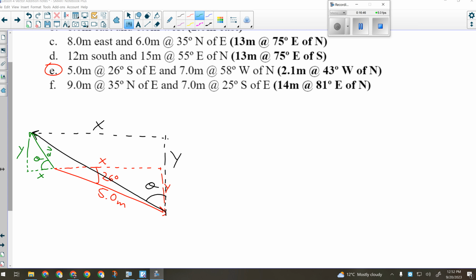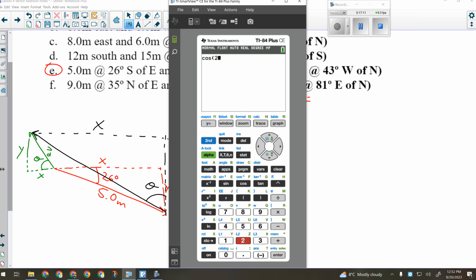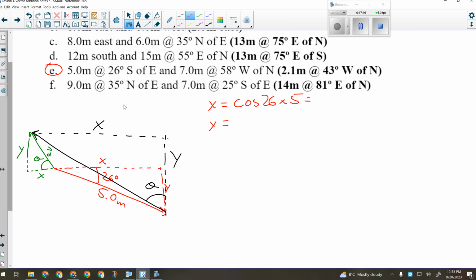Okay, let's have a look at the rest that we have to do here. We'll start out with our red vector because that was our first vector. I've got to get its x and y components. Its x component is adjacent to the 26-degree angle, so I'll use cos of 26 times 5, the hypotenuse. Cos of 26 times 5 gives me 4.49 meters, and that is east.